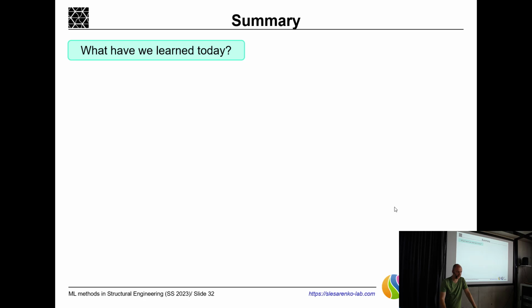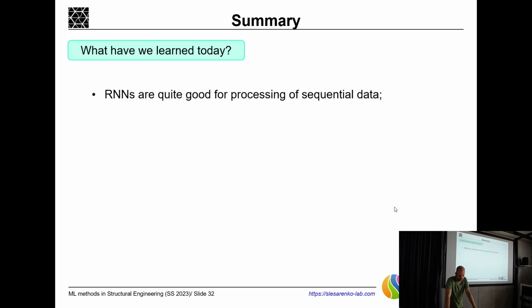So what have we learned today regarding RNNs and transformers? RNNs are quite good for processing sequential data. I intentionally say quite good because they are not perfect.